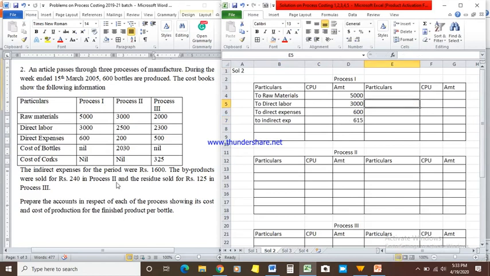Now in case of process 1, again we don't have any byproduct sale or residue sale. I just take the value total and say by transfer to process 2, that is 9215.